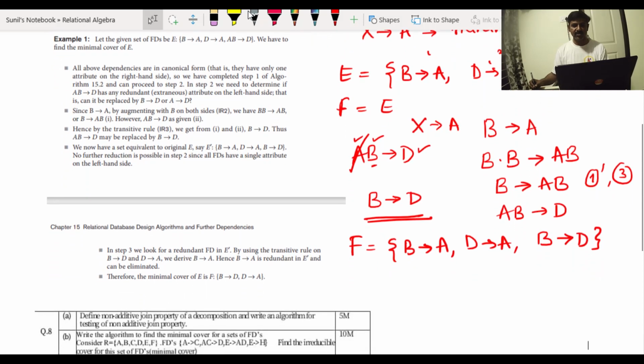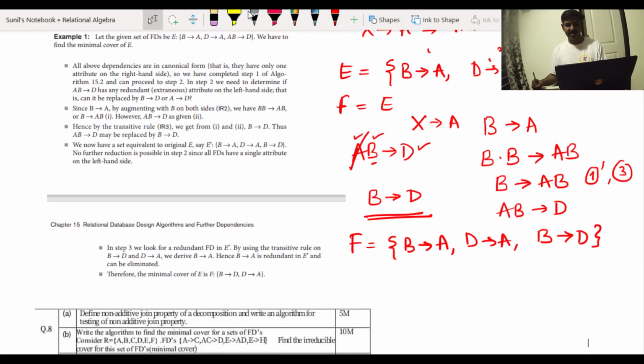Now let us go to the fourth step. Can you eliminate any of these functional dependencies somehow? If you observe the three functional dependencies, 1, 2, 3, from 2 and 3, we observe that B determines D and D determines A, again you find there is a transitivity.